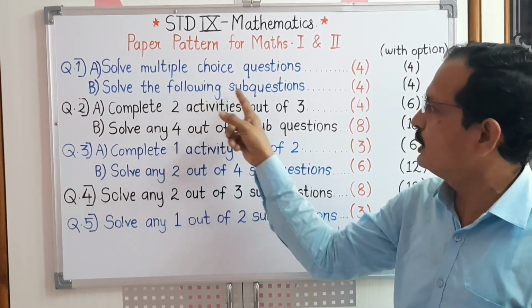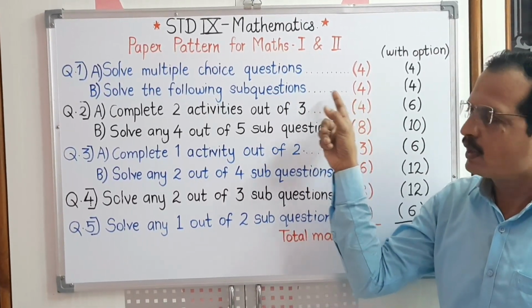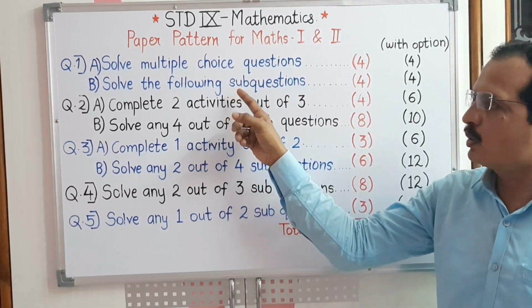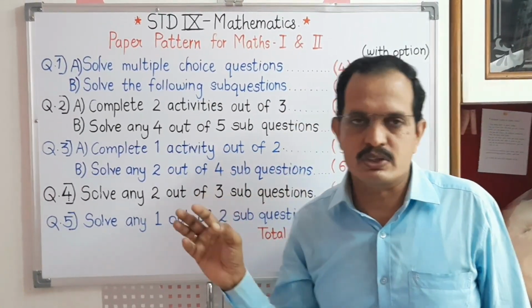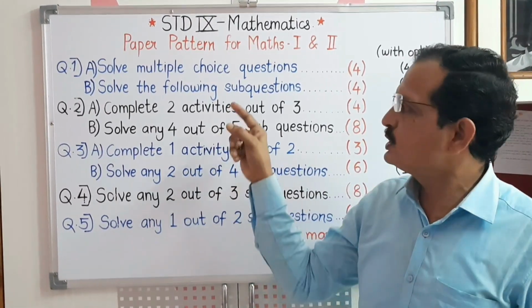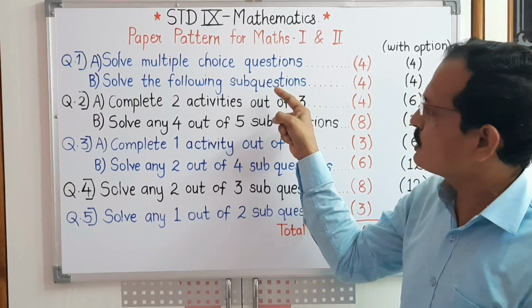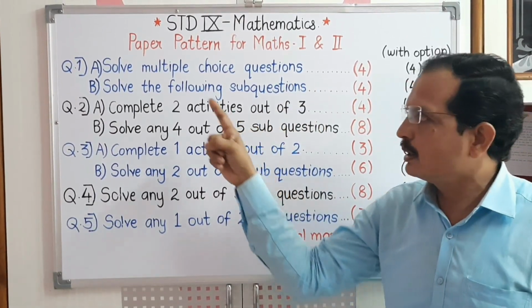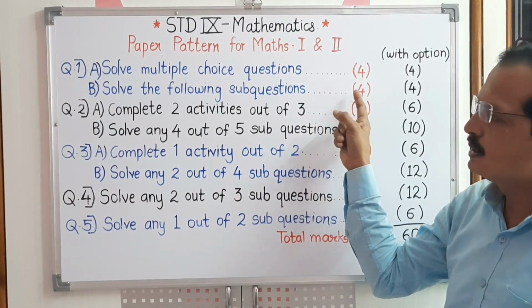Solve the following sub questions. It carries 4 marks. In this question, 4 sub questions with short answers will be given. That means the answer is in 1 or 2 steps. Each question carries 1 mark. Therefore, question number 1B is for 4 marks.